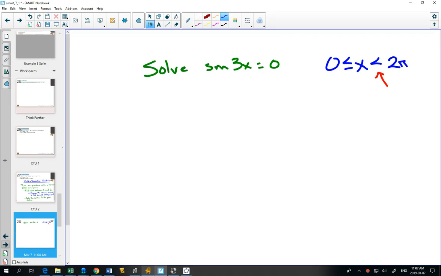So if we have sine 3x equals 0, well, if 1x is between 0 and 2 pi, 3x would be between what and what? And this is about changing the domain according to the horizontal stretch or compression. 0 and 6 pi. Does that make sense?